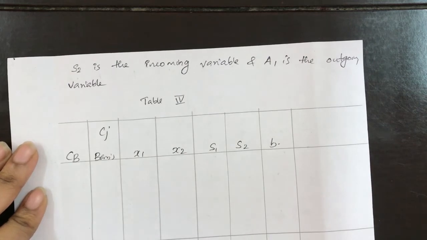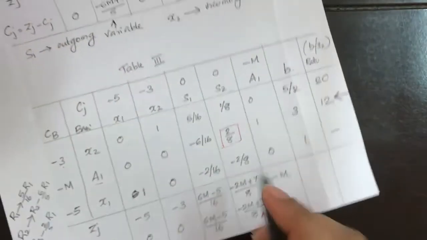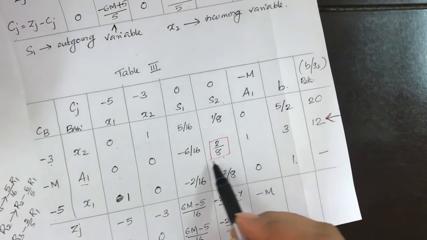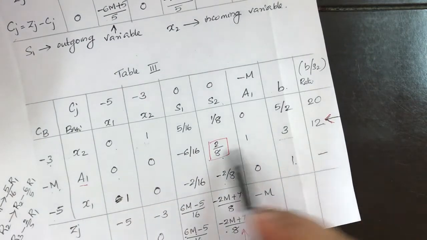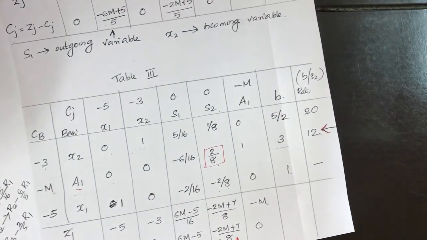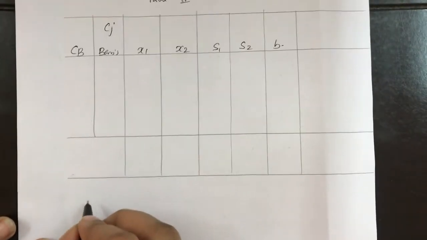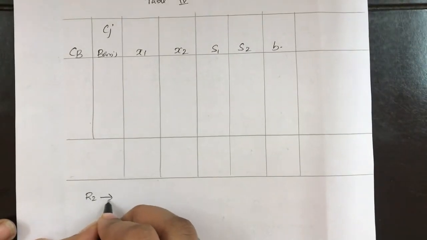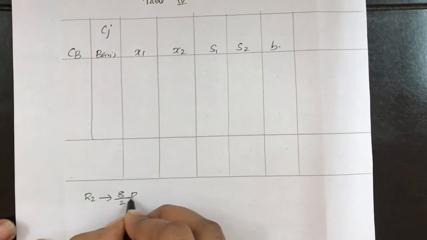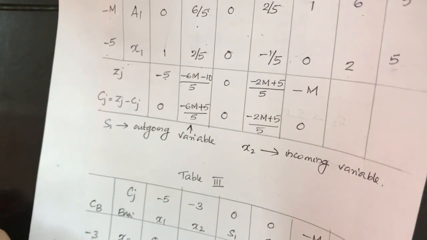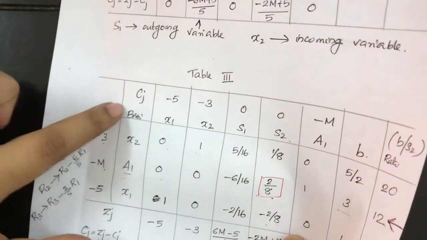So in table 4 we need to make this 2 by 8 as 1. For that, the entire R2 will be multiplied by 8 by 2. So R2 changes to 8 by 2 R2. So basis will be x2, s2, x1.